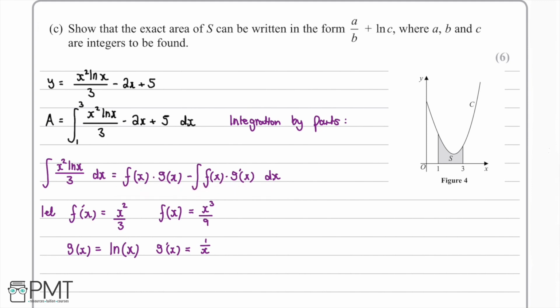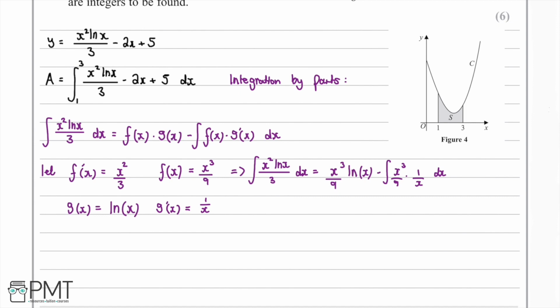Still working with the integral of x squared ln x divided by 3 with respect to x, it is going to be equal to x cubed over 9, which is our f of x term, multiplied by g of x, which is ln of x. Then we take away the integral of x cubed over 9 multiplied by 1 over x, with respect to x.